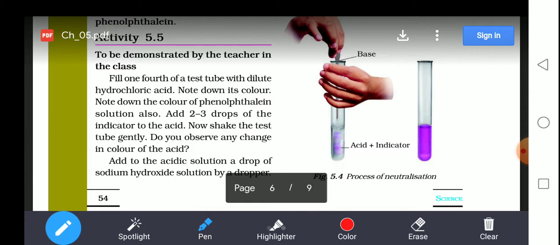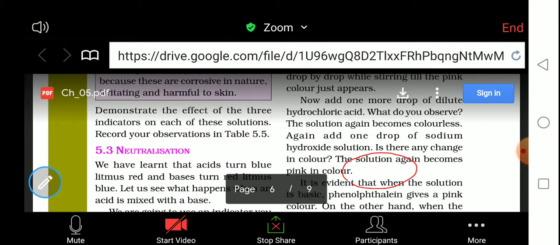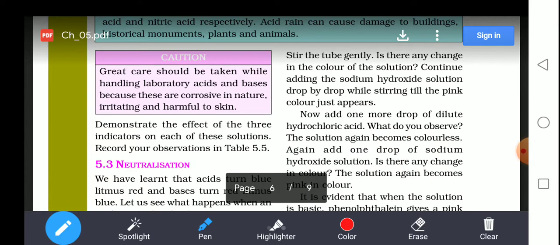Now to this acidic solution, which has the indicator present in the test tube, we add a basic solution, sodium hydroxide solution. With the help of a dropper, you add a drop of sodium hydroxide solution. Now stir the tube gently.